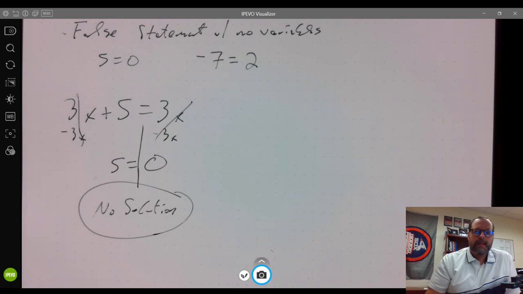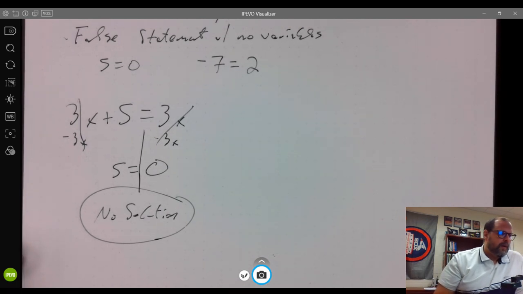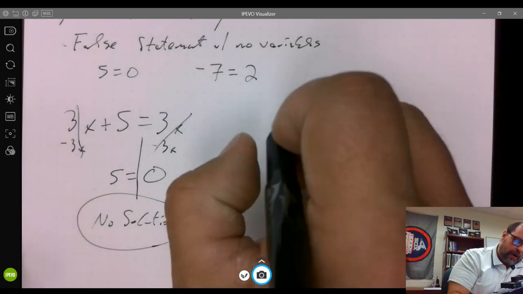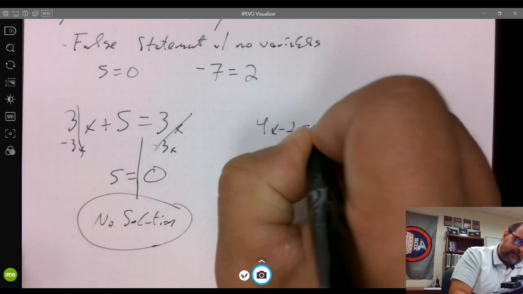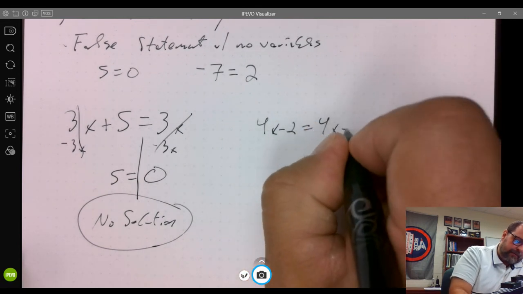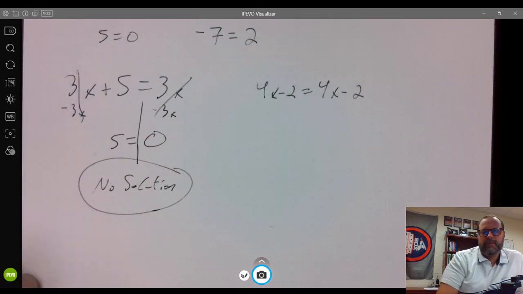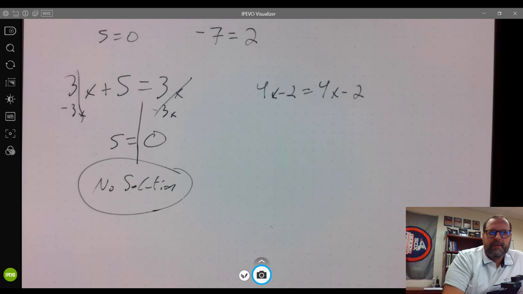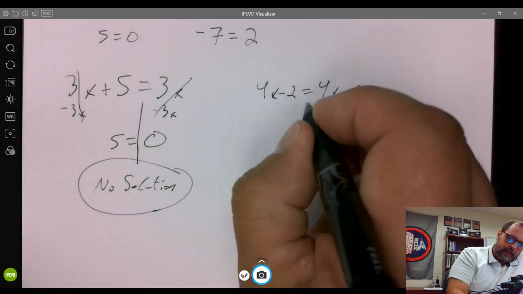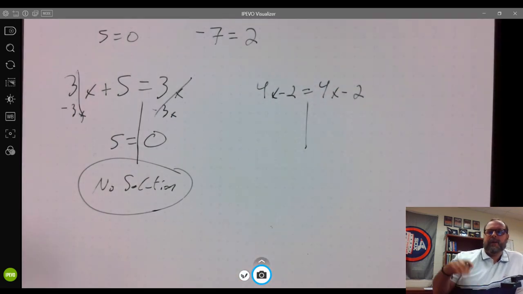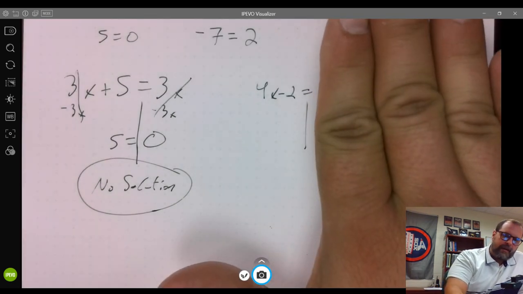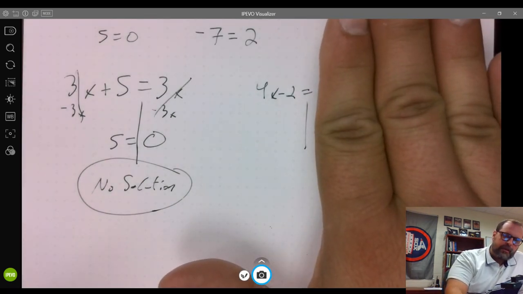Okay? All right. Next one I want to look at. Let's do 4x minus 2 equals 4x minus 2. Now, some people right here will be like, well, those are exactly the same already. Yep, you're right. And eventually you might be able to say, oh, I know this is infinitely many solutions. So when I look here, you have 4x minus 2, no like terms, no parentheses.